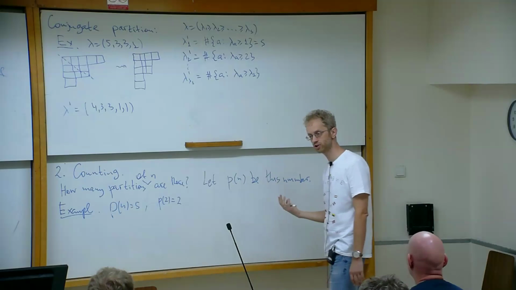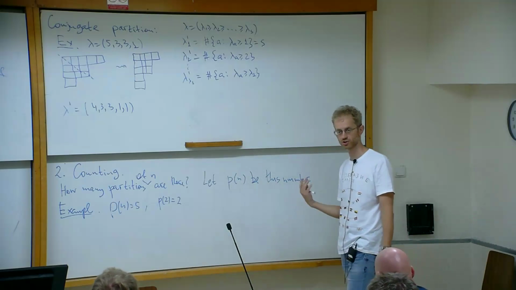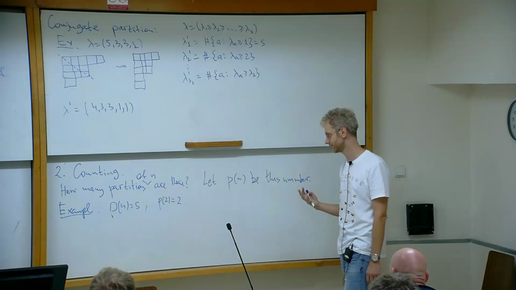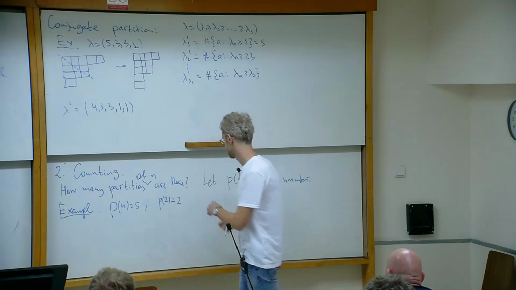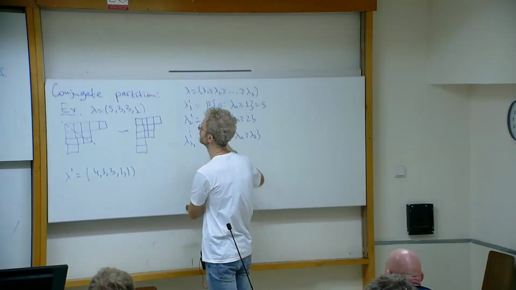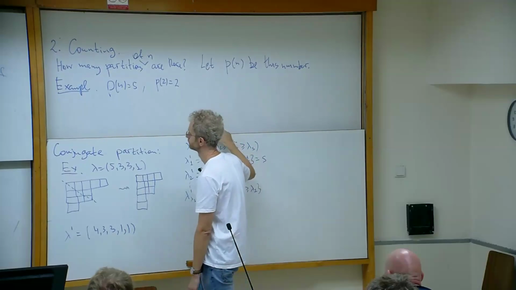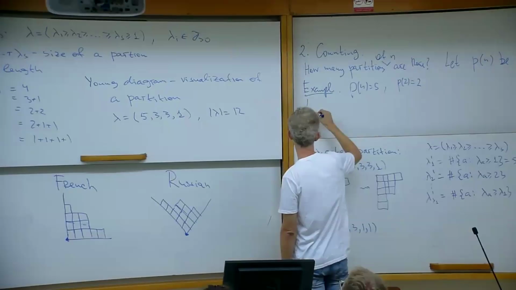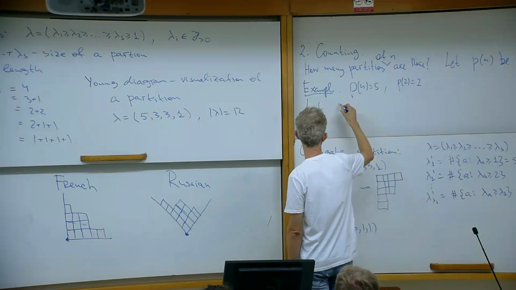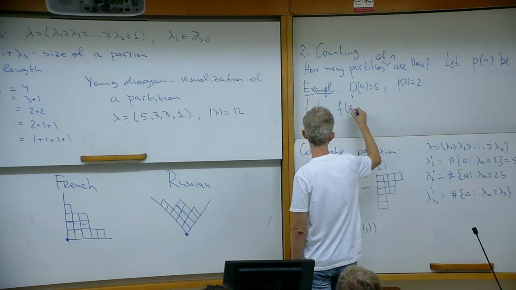So there's no closed formula for P of n, as it usually happens, but there are many things you can do. What you can do is compute the generating function. So let me define f of q.